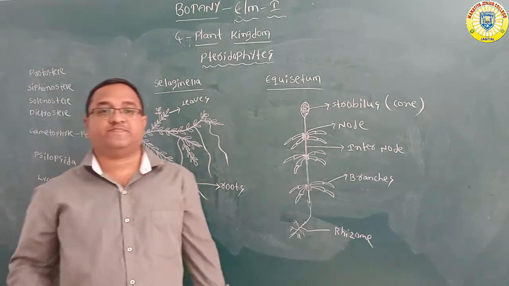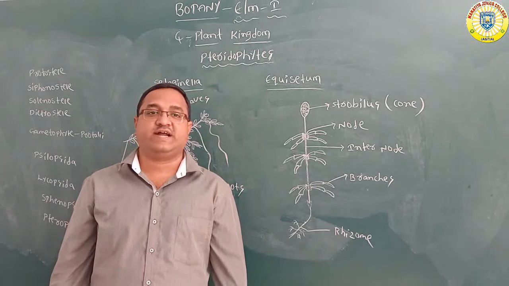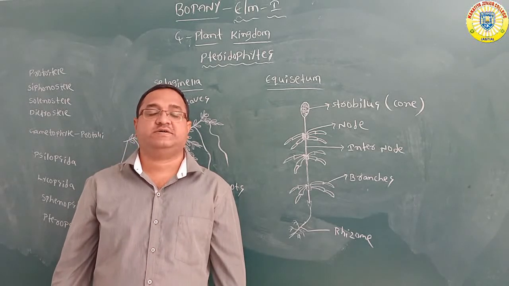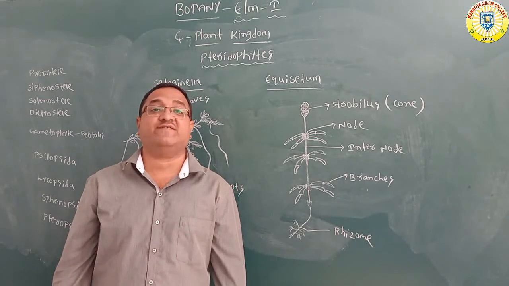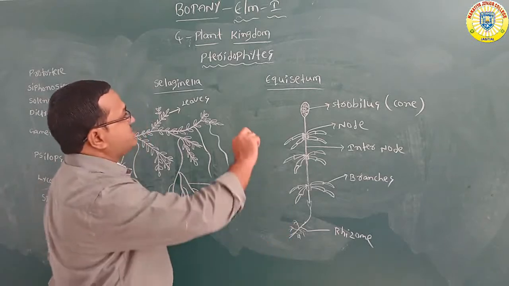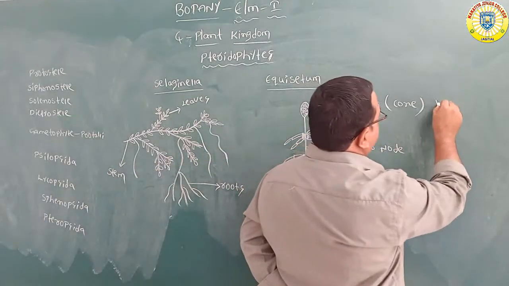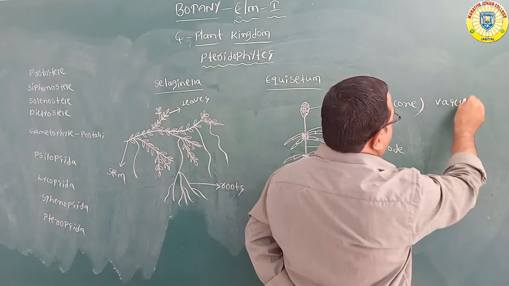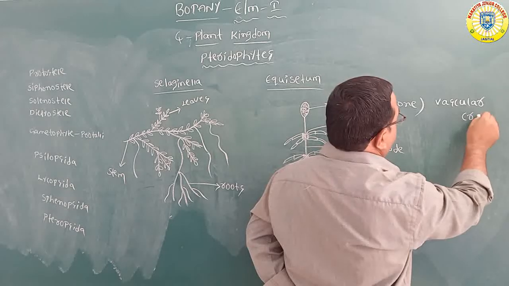These pteridophytes are the first terrestrial land plants which have vascular tissue. They are called vascular cryptogams.